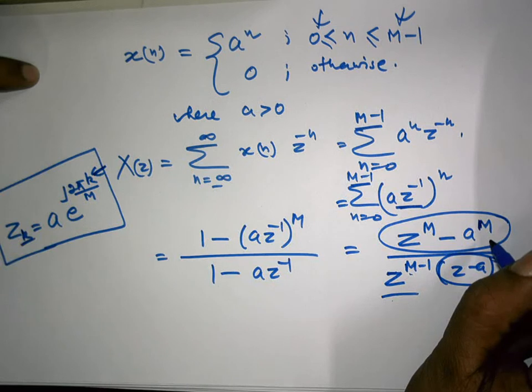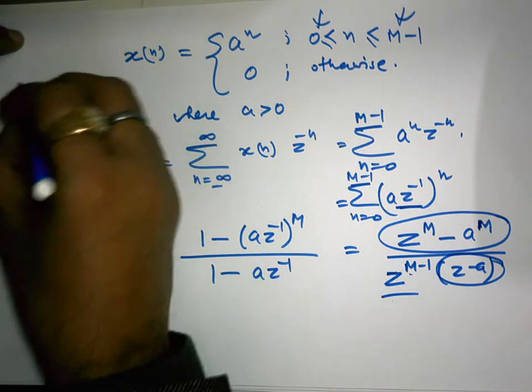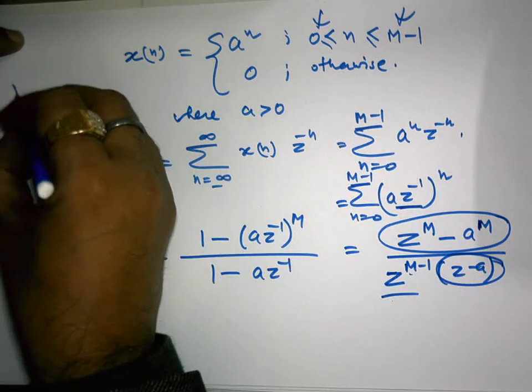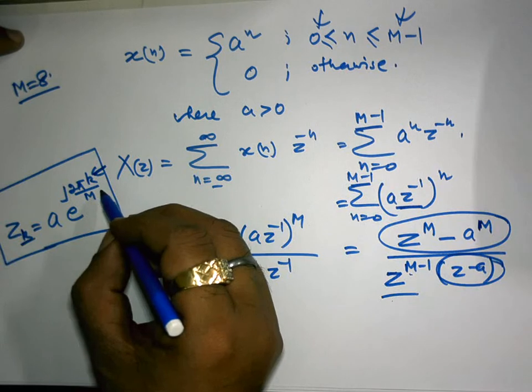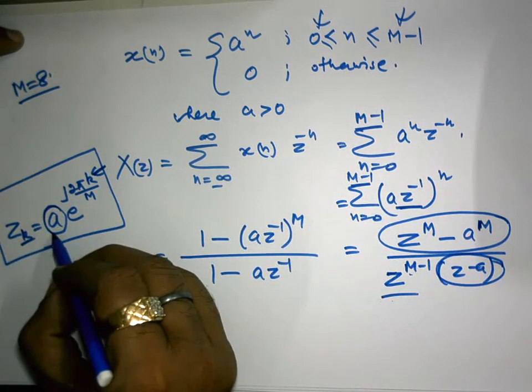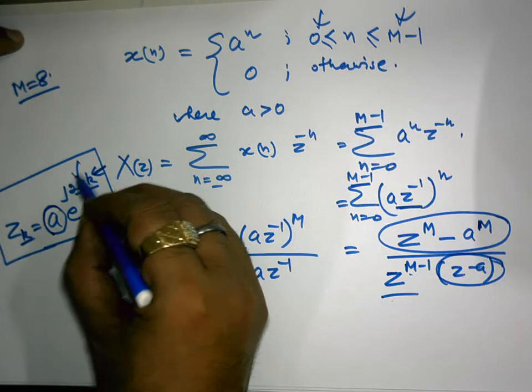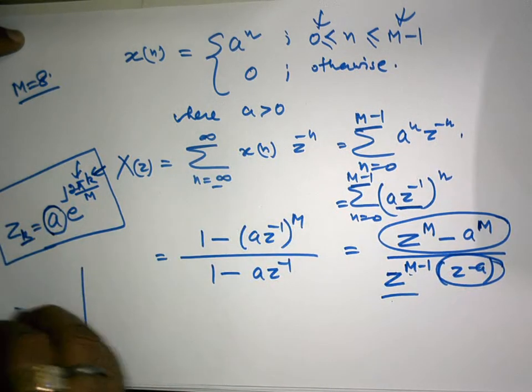Okay. Just for the example, if I select this M to be equal to 8, it will have 8 zeros. All zeros are occurring at the distance a, but at different angles. So, how will it look in the z plane?